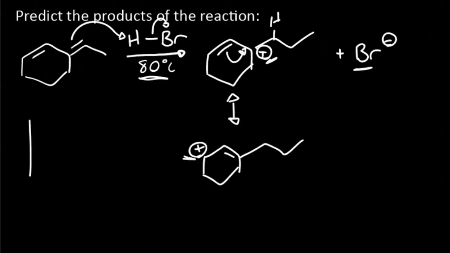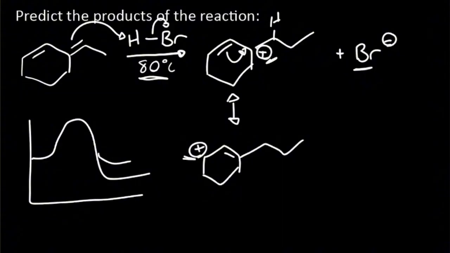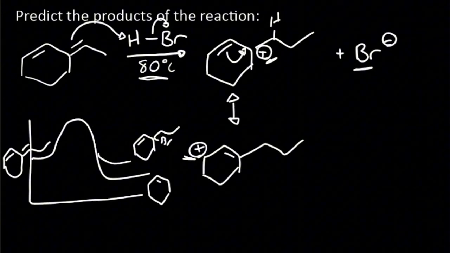So if we imagine a reaction diagram for this, we can form two products from here. So when we react our reactant with hydrobromic acid, we can either form this product, which has the bromine added to our first carbocation, and this product, which has it added to this carbocation.